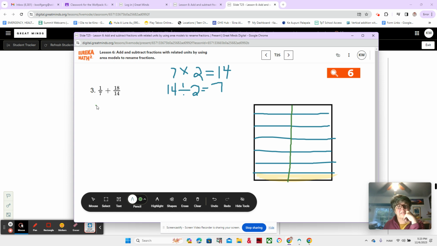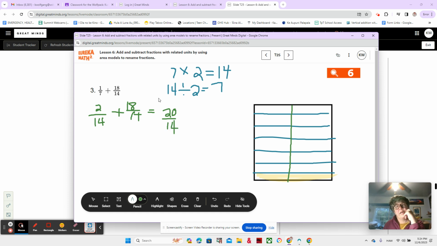And so 1/7 is equal to 2/14. I just multiplied 1 times 2 and 7 times 2, and you can see right here that it's 2/14. I'm going to add that to 18/14. Make sure you're getting this all written down. And 18 plus 2 is 20.